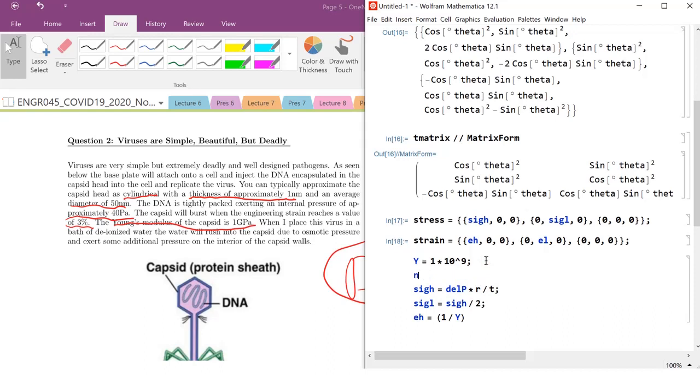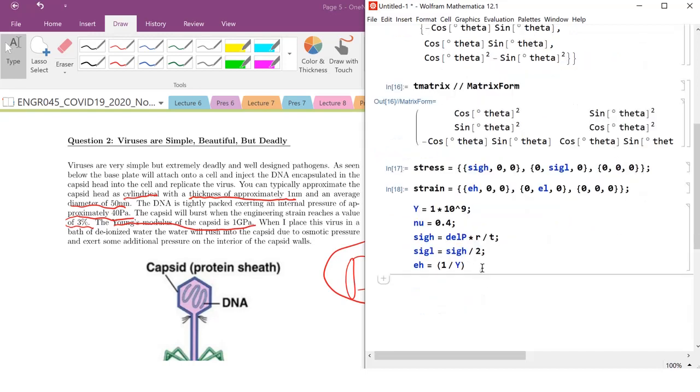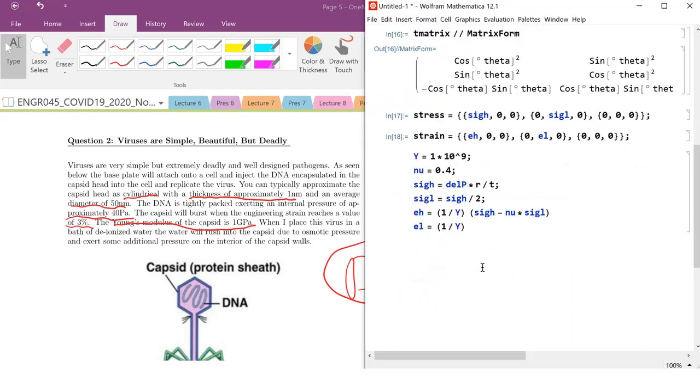I also know I'm going to need nu, my Poisson's ratio, which for biomaterials is 0.4. You are not necessarily going to be given that. It's written in the notes, so you want to make sure to have that available. So EH is going to be 1 over Y times sigma H minus nu times sigma L. And you could define EL as well. EL is the same thing, except we switch: sigma L minus nu times sigma H.